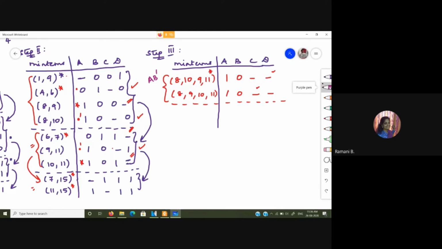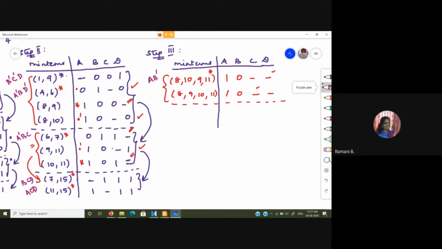So here B is equal to 0, so B bar, C is equal to 0, C bar, and D. And here A is equal to 0, so A bar, B is 1, and D is 0. And then this term A bar, B, C. And with these two, it is BCD, and this is ACD. Okay, these are the prime implicants.